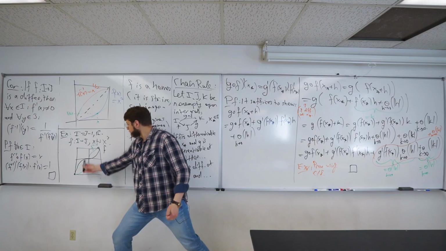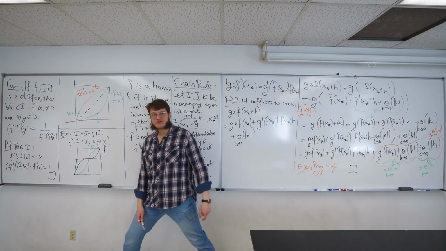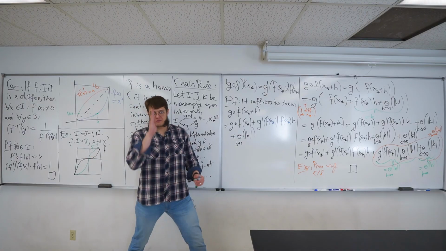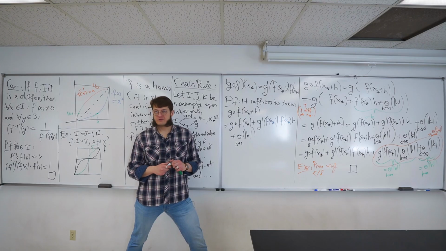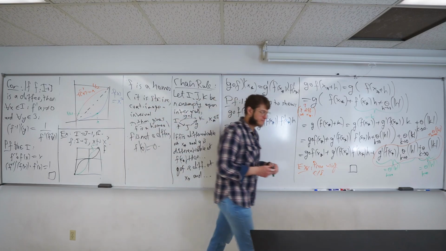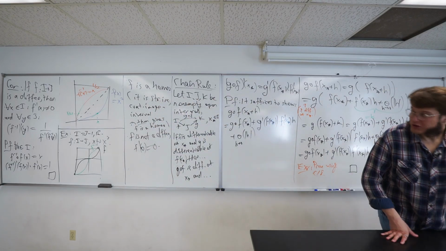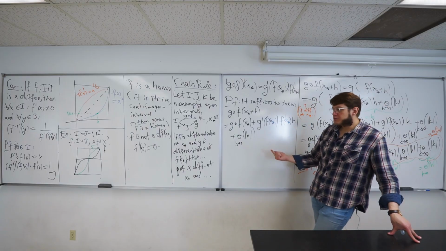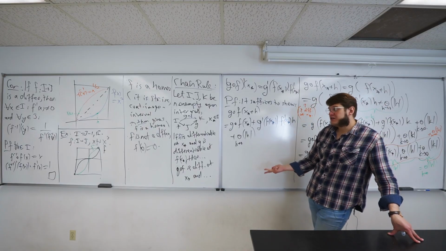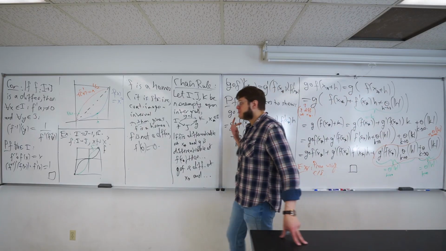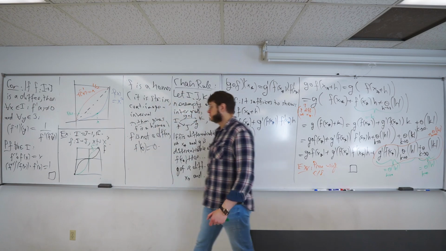In fact, there's a vertical asymptote at x equals 0 for f inverse. Its graph becomes vertical. It's very bizarre. So f is differentiable, it's a homeomorphism, and its inverse is continuous, but the inverse fails to be differentiable.